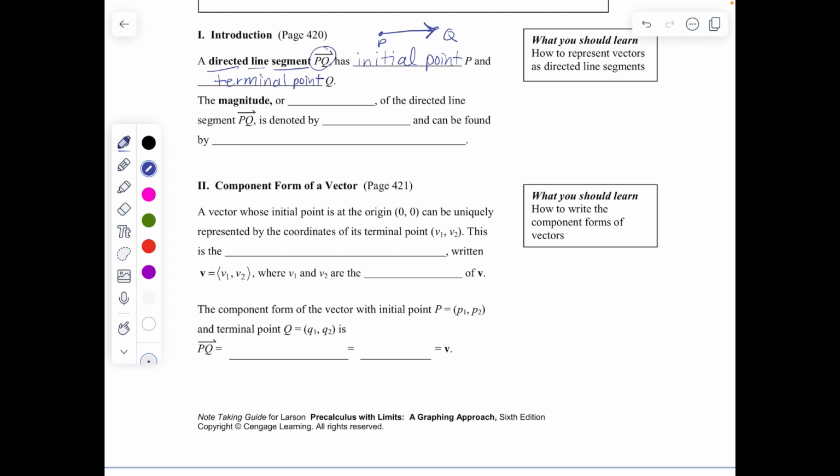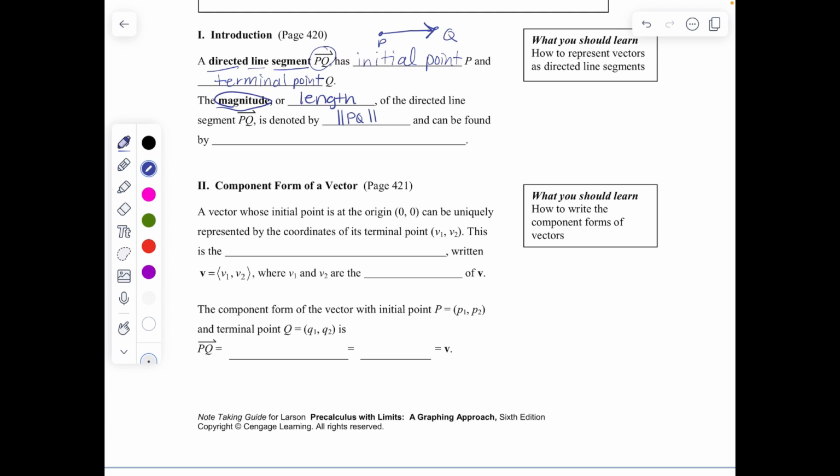The magnitude is another word for the length. So when Vector said magnitude, he was talking about the length, how long something is, of the directed line segment PQ. It is denoted by a notation that looks like a kind of double absolute value, and whatever we want the length of goes inside of that.